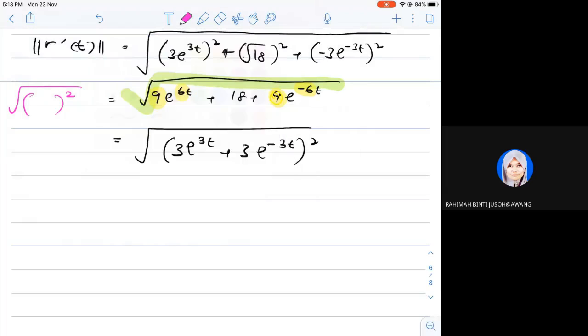So let's expand this back, guys. I use 3e^(3t) plus 3e^(-3t), squared.